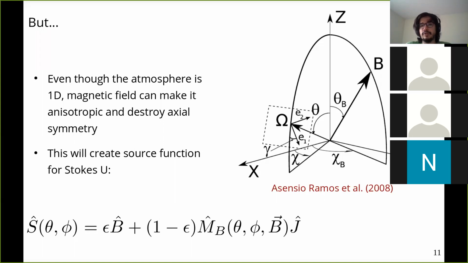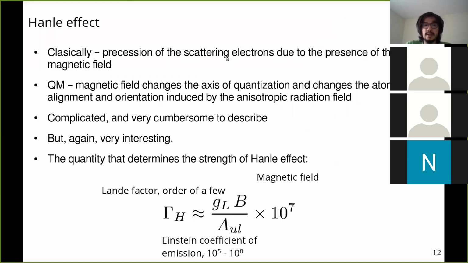And now there is a lot of more complicated stuff which comes if you want to treat things in more detail. Classically speaking, the way people explained what the Hanle effect is, it's a precession of the scattering electrons. Actually, that's a bad statement, because it's not the electrons that are being scattered, it's the electrons that are doing the scattering.